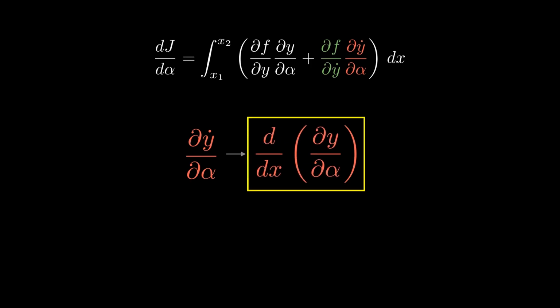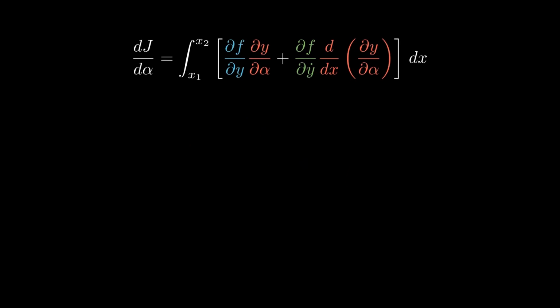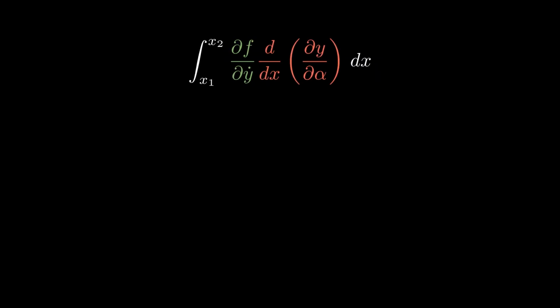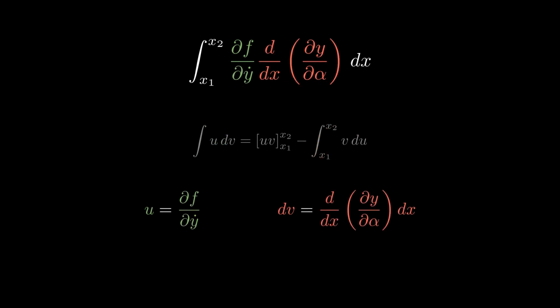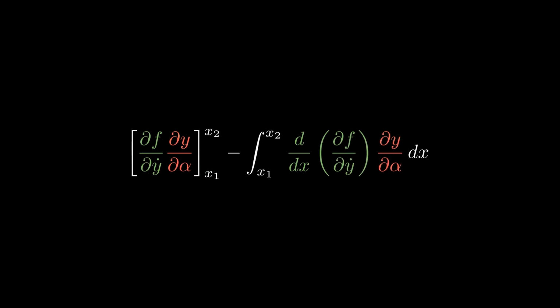Consider just the integral of the second term. We can integrate this by parts. Let u be del f by del y dot and dv equal d by dx of del y by del alpha dx. Integrating by parts yields the following. Now look closely at the first term on the right hand side, evaluated at the boundary.